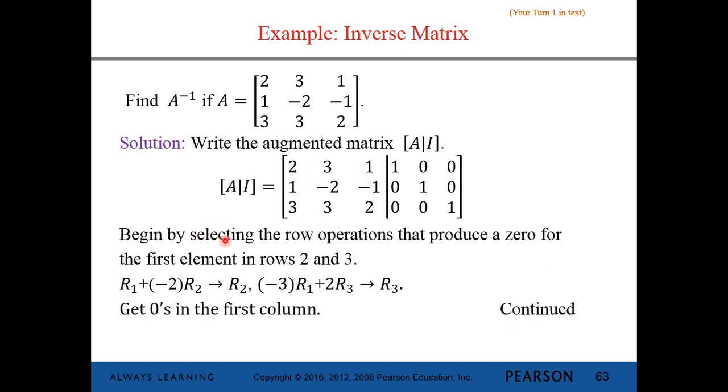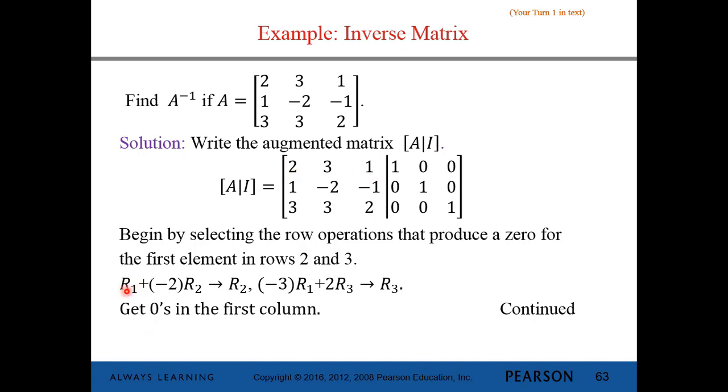So we first select the row operations that put a 0 for the first elements in rows 2 and 3. The way I would do this is to change this to a 1 first, but again, let's go with what they do. We're going to change these to zeros by using row 1.